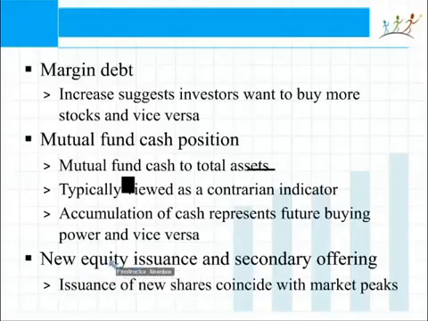New equity issuances mean companies selling their own stocks, and companies will sell their own stocks only when they think they are highly valued. So it has been seen that at market peaks or in extremely bullish sentiment, a lot of equity issuances happen in secondary offerings, whereas during market bottoms there are no IPOs or secondary offerings.